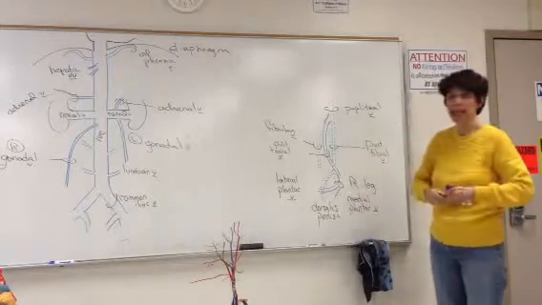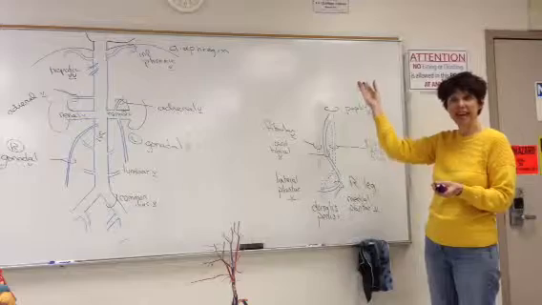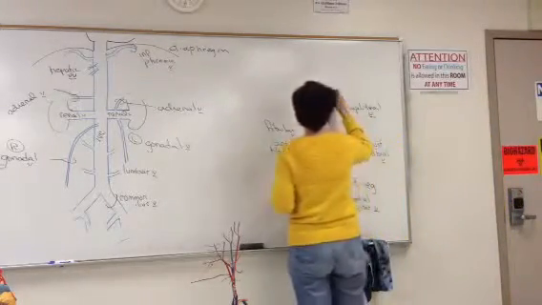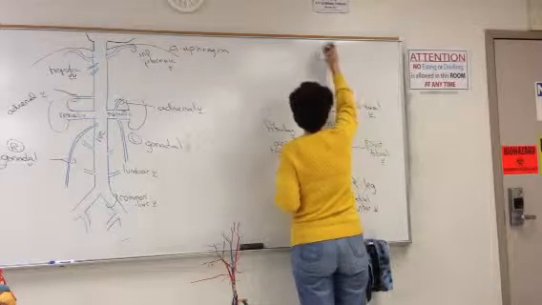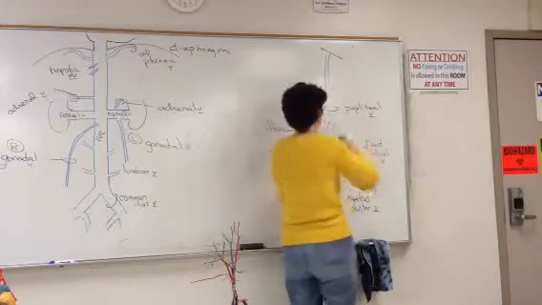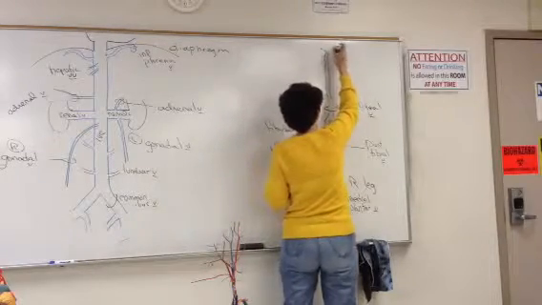Then it's going to pass into the adductor magnus muscle and through the anterior aspect as the femoral vein. It's going to cross under the inguinal ligament and become the external iliac vein.